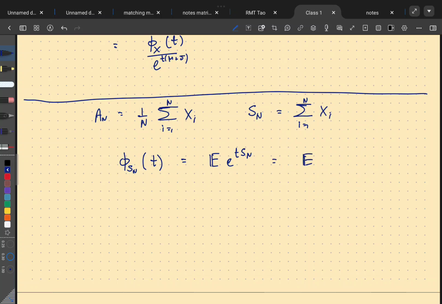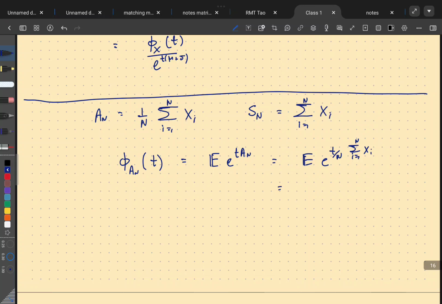In fact, let me do this for an itself in one go: the expectation of e raised to t times an, which is t by n times the summation i equal to 1 to n of xi.